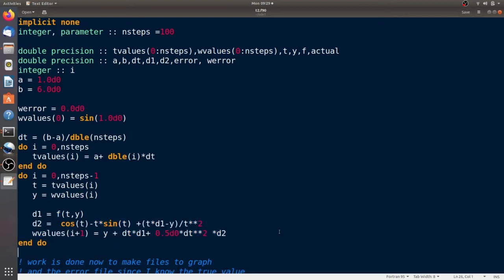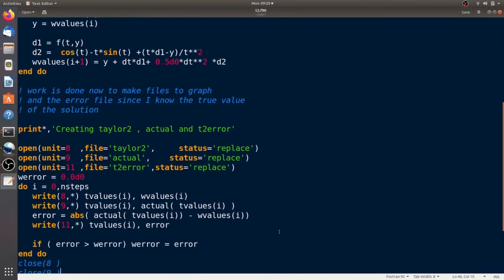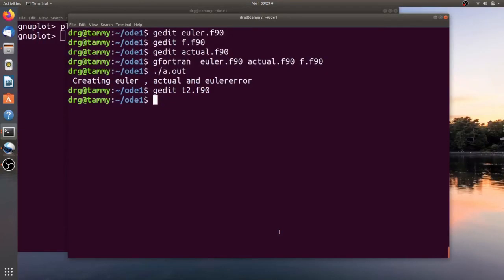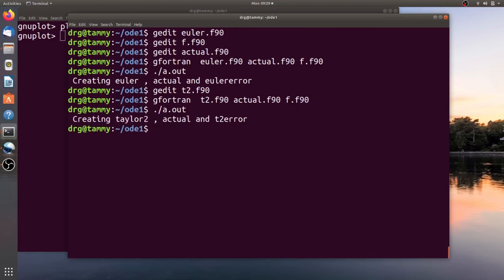After that, the only thing that's changed is the name of the file that I'm writing. I'm writing Taylor 2 and T2 error. So we'll compile that and run it.